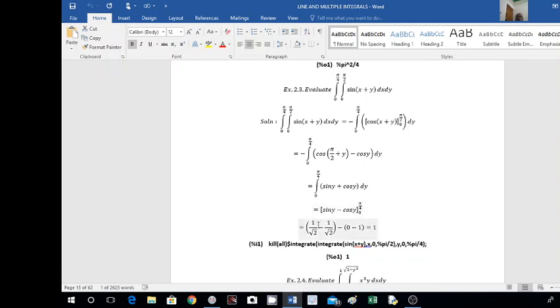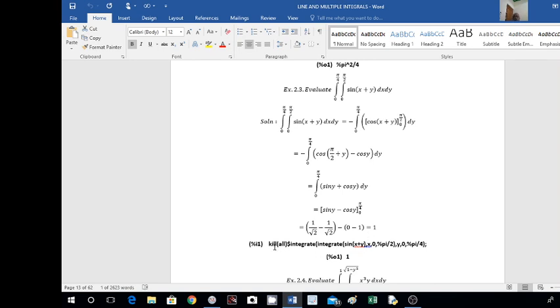Sin pi by 4 value is 1 by root 2, minus cos pi by 4 value is also 1 by root 2. This is the upper limit. Minus, coming to the lower limit, put y equal to 0 here. So sin 0 is 0, minus cos 0 is 1. Okay, 1 by root 2 minus 1 by root 2 gets cancelled. Next, this minus of minus is equal to 1.